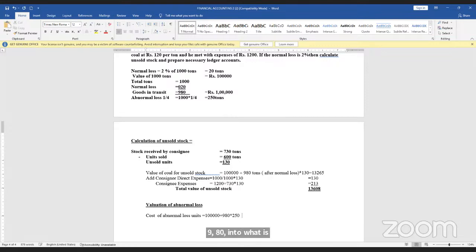So how much do you get? 1 lakh divided by 980 into 250.